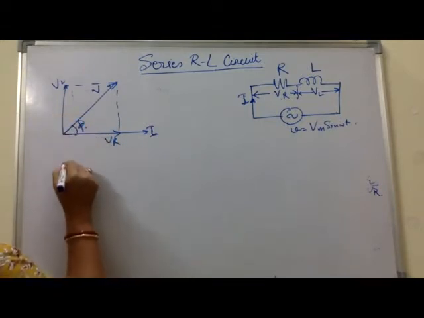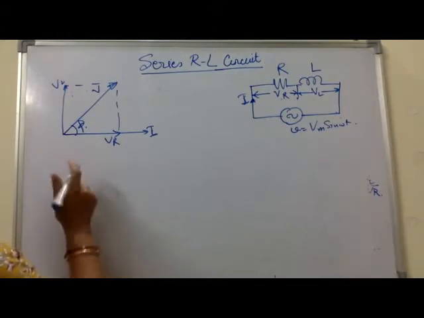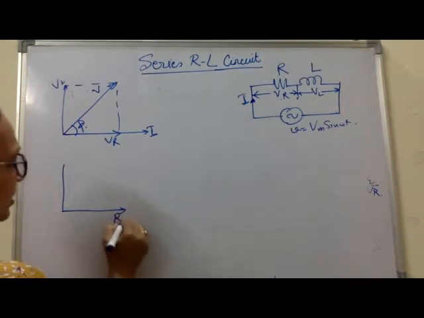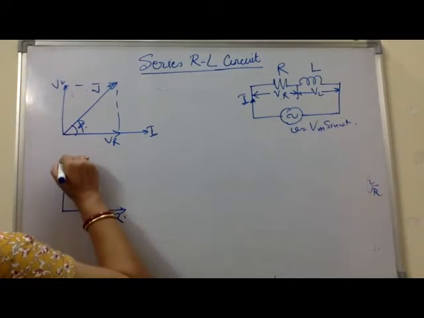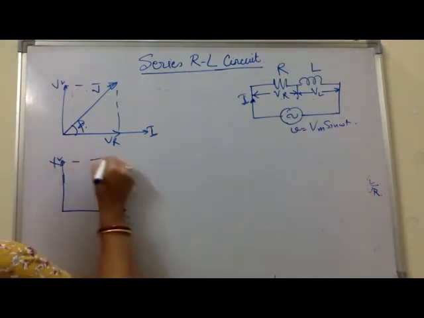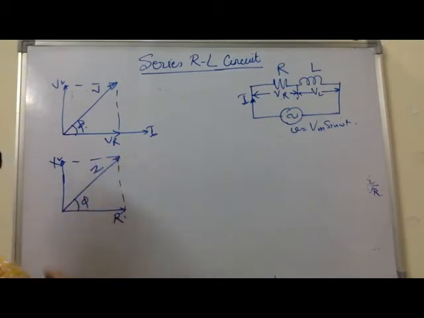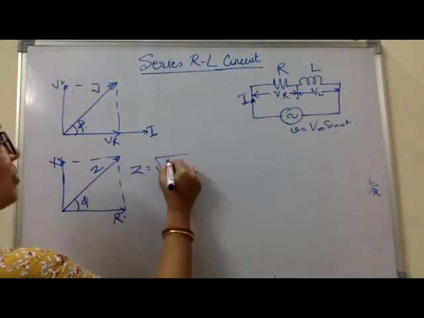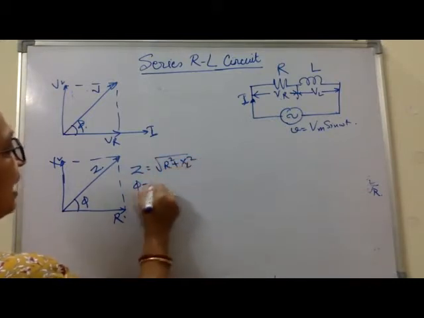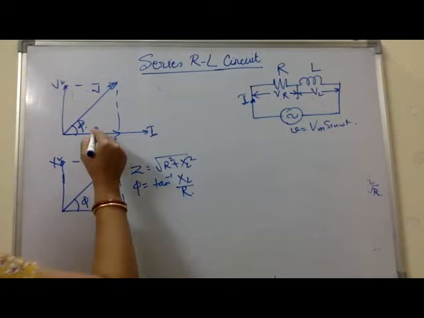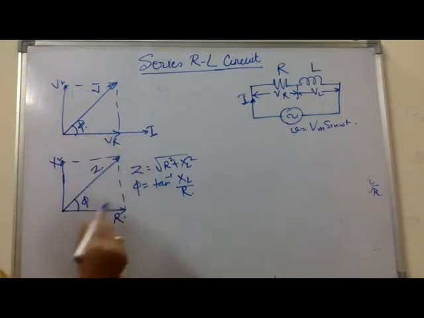When we had divided throughout by I, we got the impedance triangle, because VR is equal to I into R. So this is R, this is XL, which is I into XL, and the resultant of R and XL gives us the impedance of the circuit Z, where Z is equal to under root of R square plus XL square, and phi is equal to tan inverse of XL by R. Now, if you multiply this voltage triangle by I, you will get the powers.